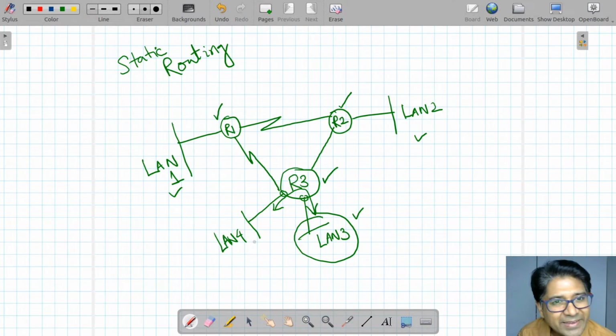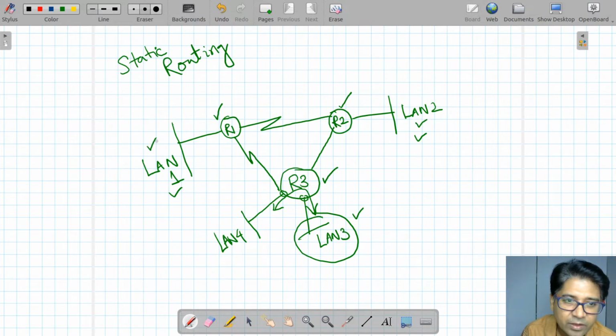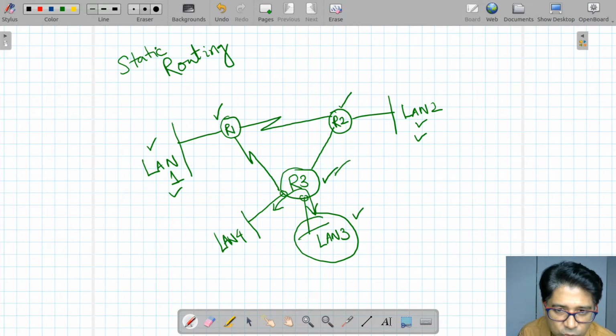We already saw that scenario, the connected route. There is no routing to do. But suppose router 3 doesn't know about LAN 2 and LAN 1, then you have to manually enter the route and define that LAN inside the router.